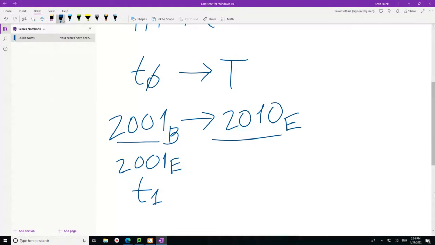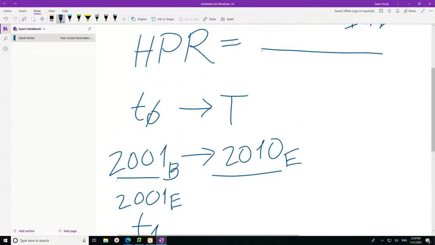But our assumption is that you are holding it from time zero, which is the beginning of 2001, and that's also the same thing as end of year 2000, right? Does that make sense? Think about it. Beginning of 2001 is the same thing as end of year 2000, because think about it.